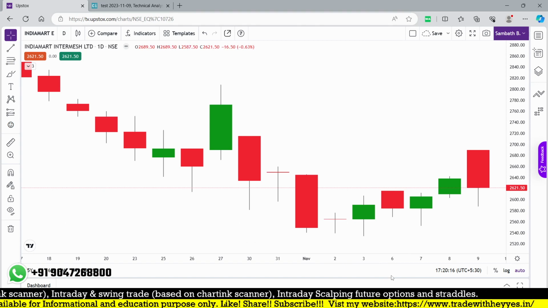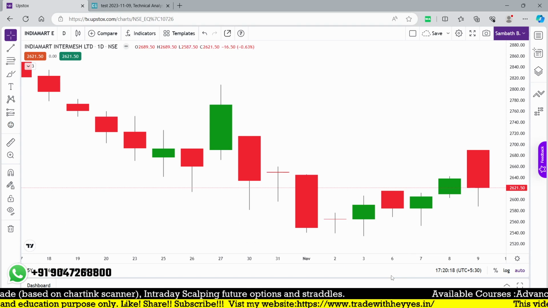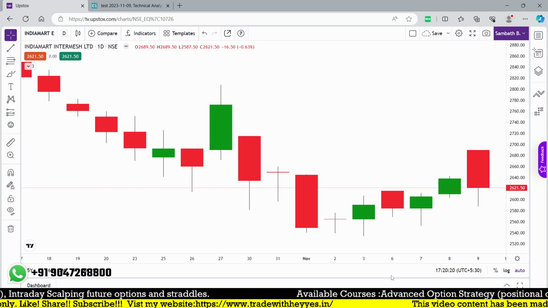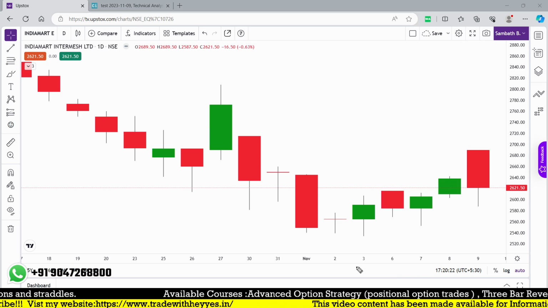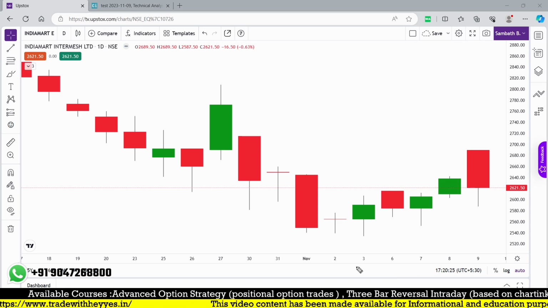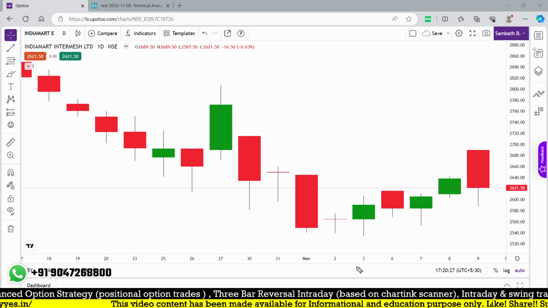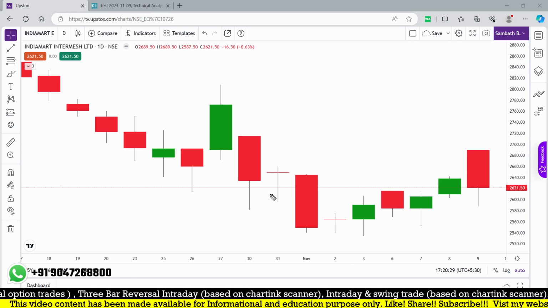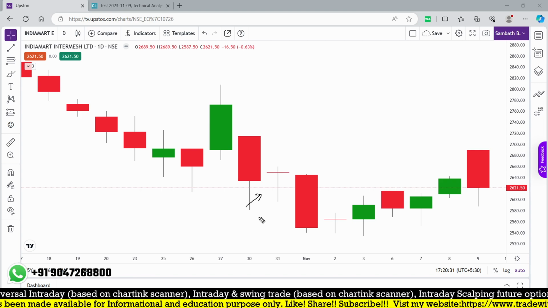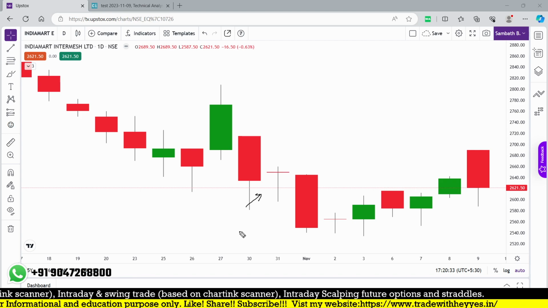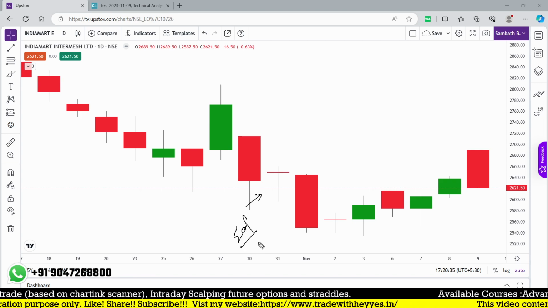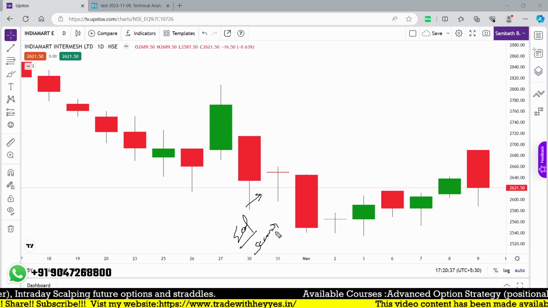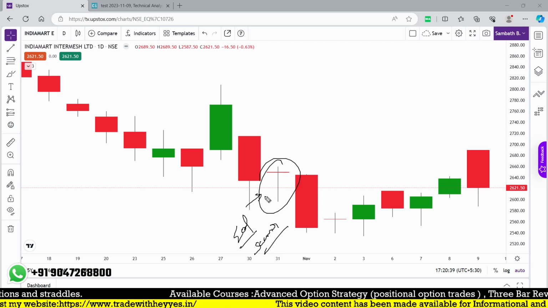Here also you can look at the same pattern forming at this point, but at that time the high of that particular candle was not broken. So how do we find out? It is a daily EOD scanner, on an end of the day basis. After the market closes, we get the stocks from the EOD scanner. So only after market close can we get the stocks, and this may be one more opportunity.